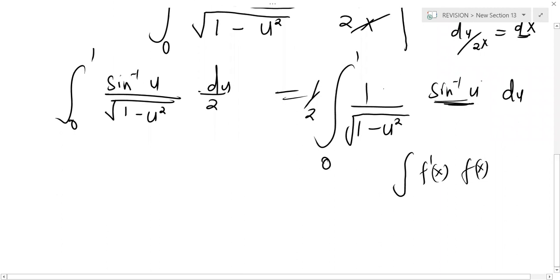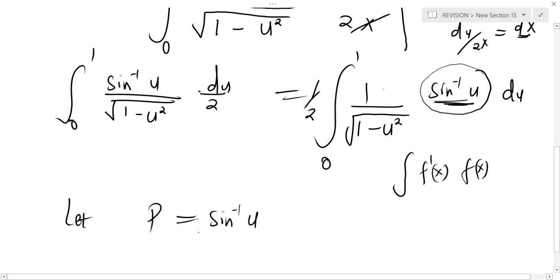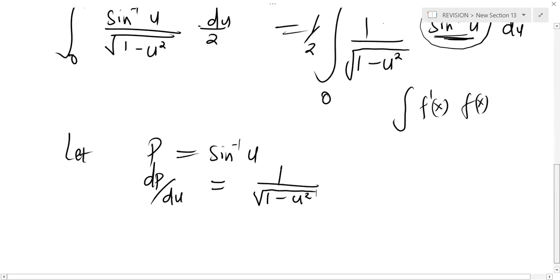So what I'm going to do is let p be equal to sine inverse u. I've introduced a new variable p. Now if p is sine inverse u, then what is dp du? If we differentiate sine inverse u, we get 1 over the square root of 1 minus u squared. So I want to rewrite the whole of this question in terms of p.